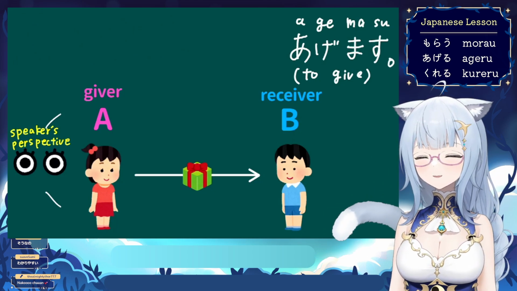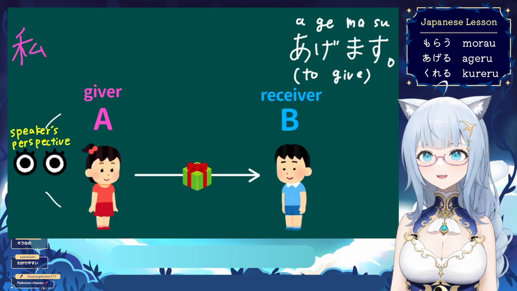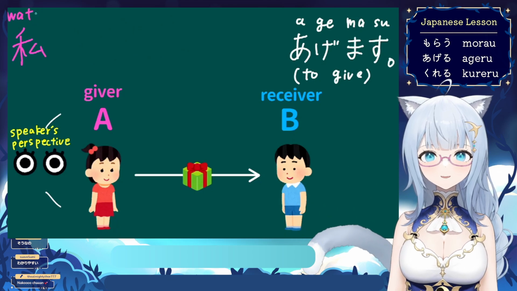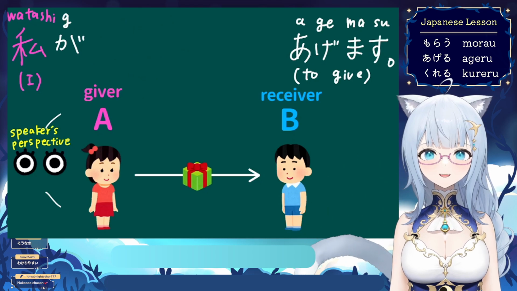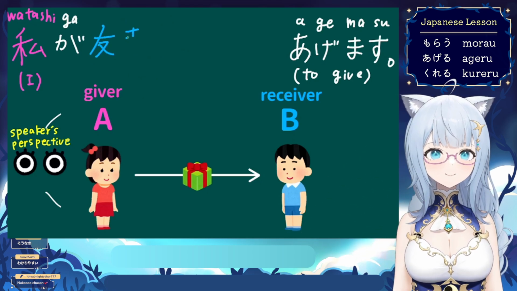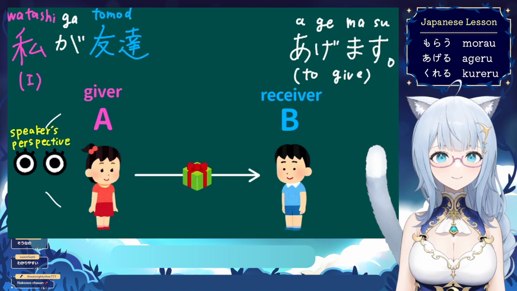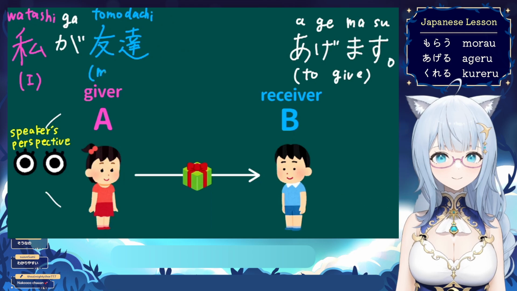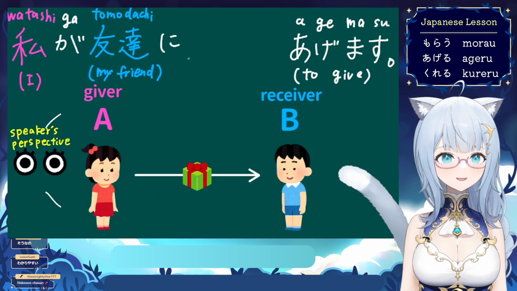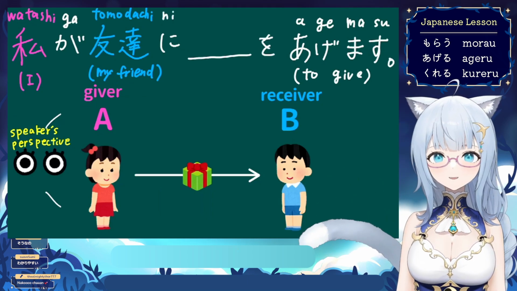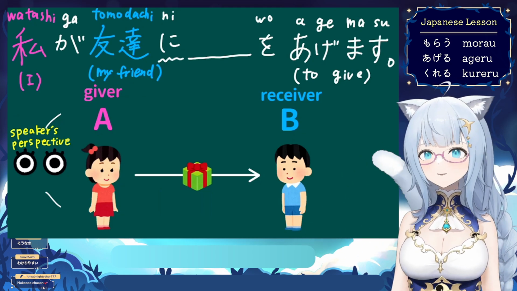So A should be 私にしようか。じゃあ私にするね。So, example: 私が友達に何々をあげます。じゃあ、今度この2は何だろう?